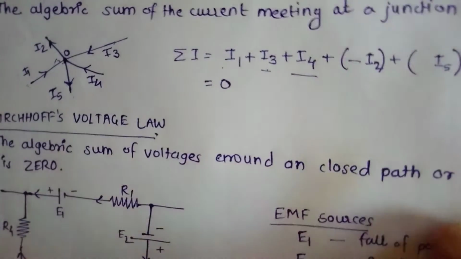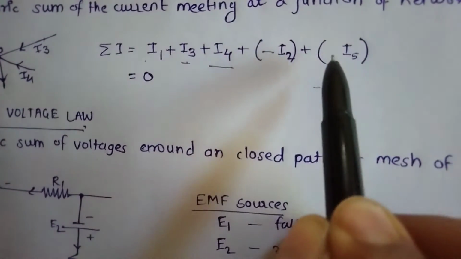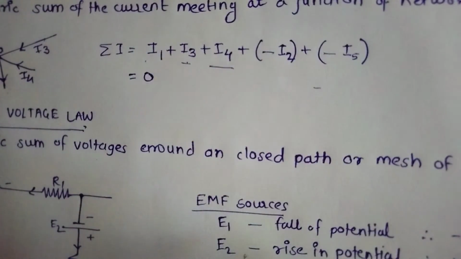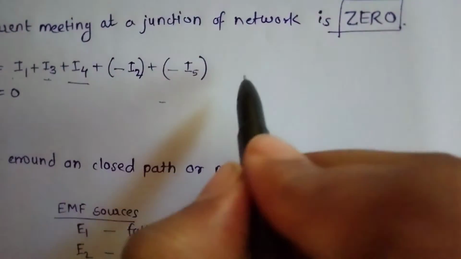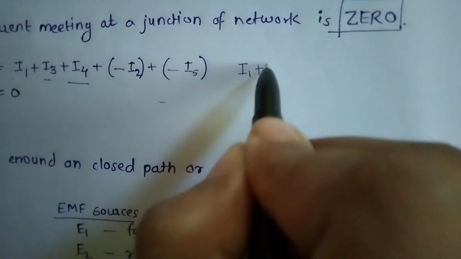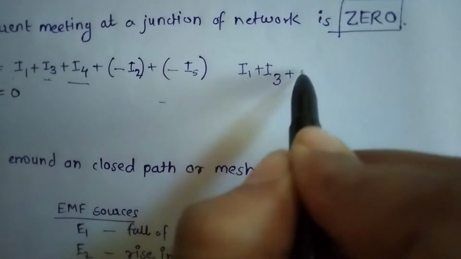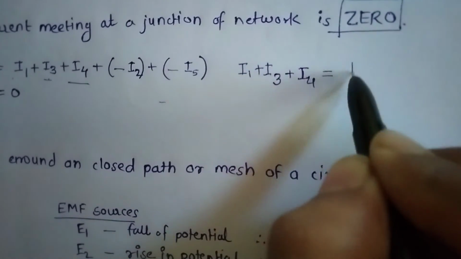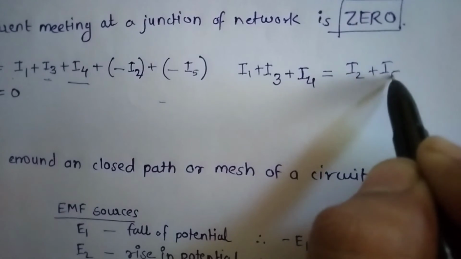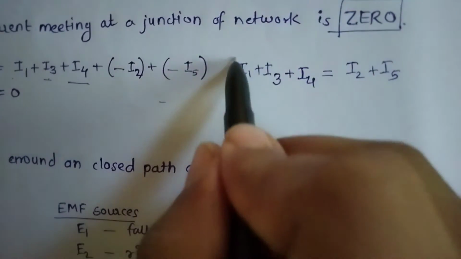Again I5 is also moving away, so we take it as negative. So we can write it as I1 plus I3 plus I4 is equal to I2 plus I5, right?